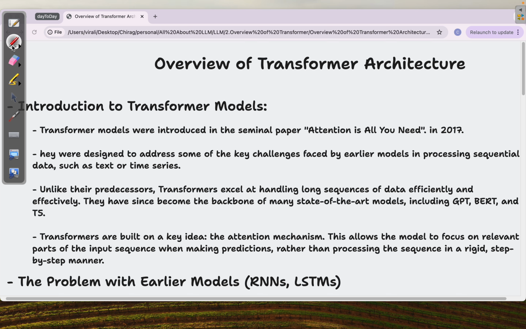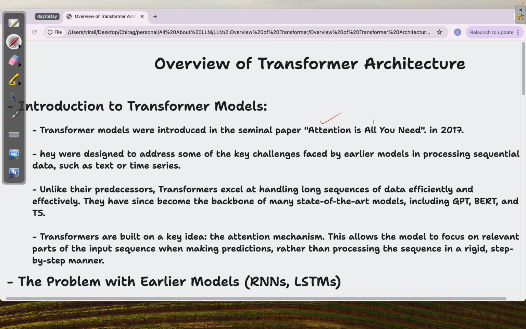So let's get started. First of all, the transformer model was introduced in the paper called Attention Is All You Need in 2017. All LLMs are built on the technique called self-attention, which was introduced in this Attention Is All You Need paper. They were designed to address some of the key challenges faced by earlier models in processing sequential data such as text or time series.